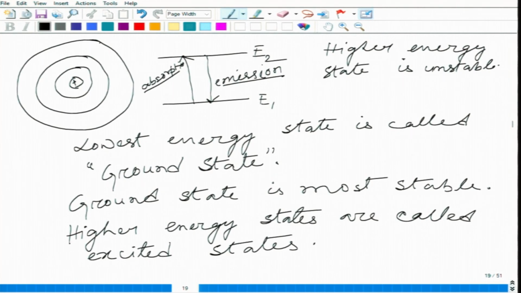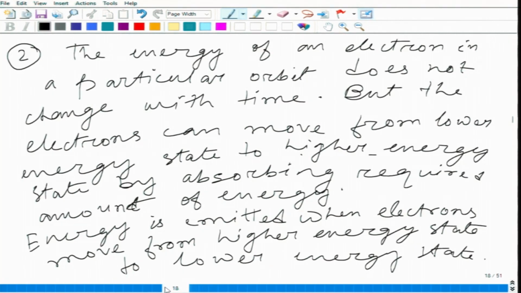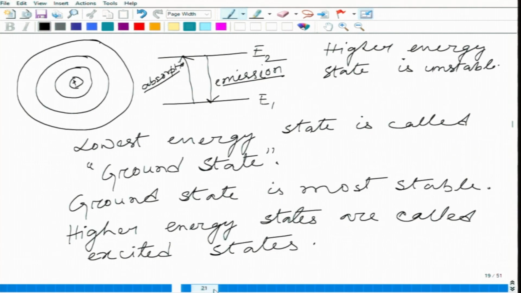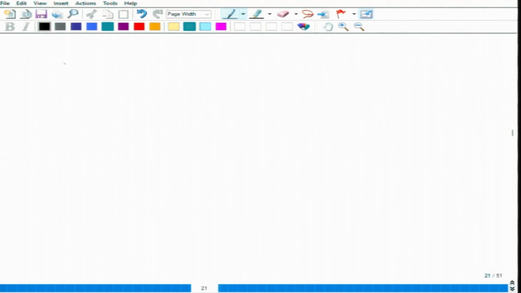Now, we will see some mathematical proofs of these statements. So, this was one statement that the energy of an electron in a particular orbit does not change with time. Bohr proved it mathematically. Like if this is the nucleus and this is the orbit and here the electron is present, the Coulombic force will act in this direction.